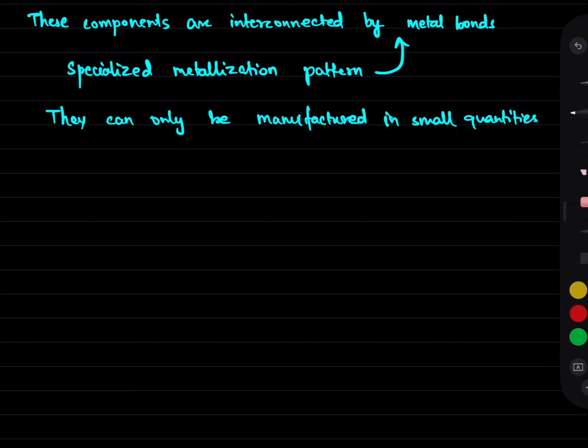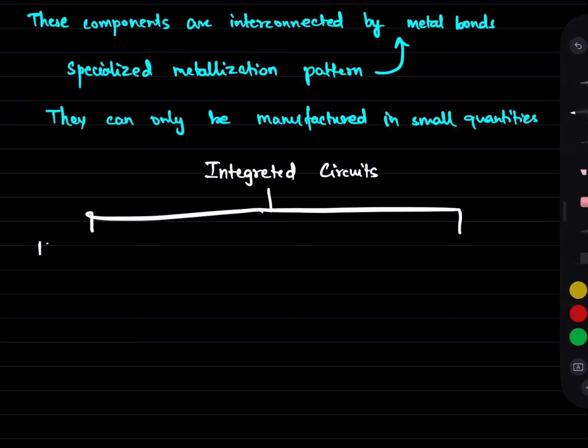Coming into the broad overview of integrated circuits, we will look at the classification. Integrated circuits are divided into monolithic integrated circuits and hybrid integrated circuits.